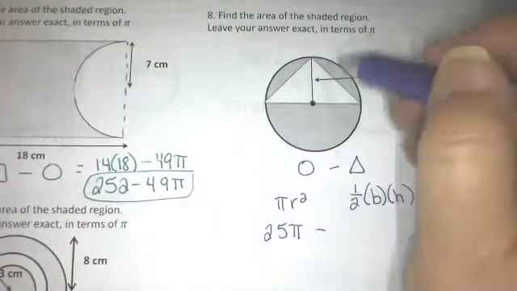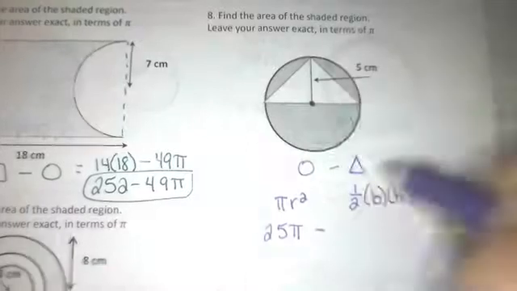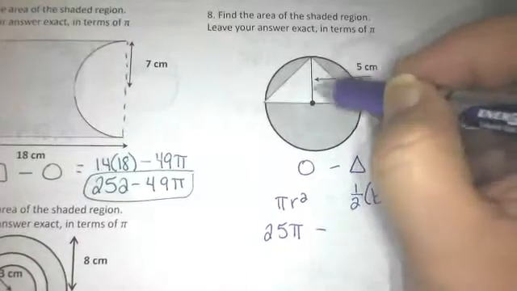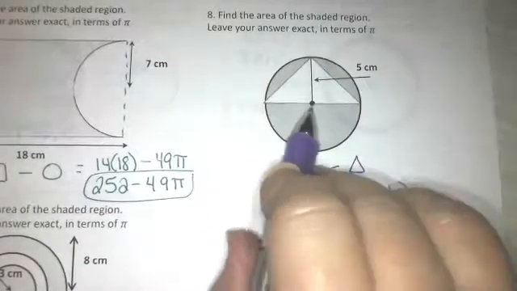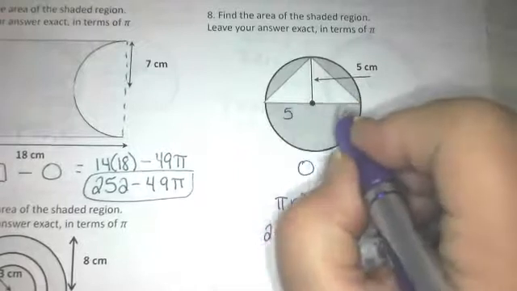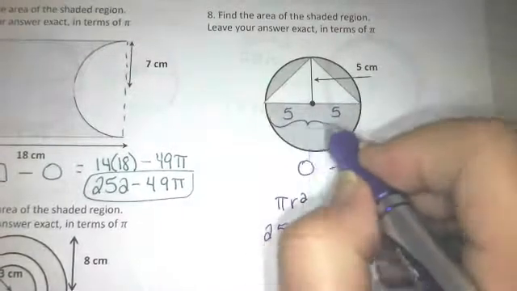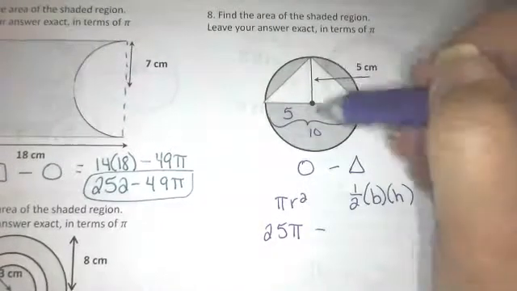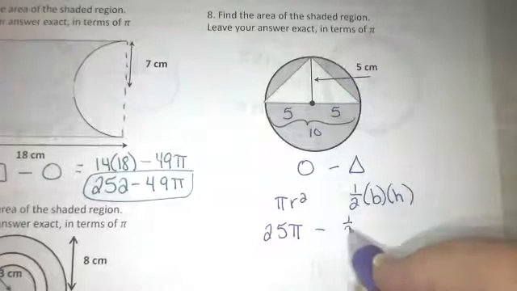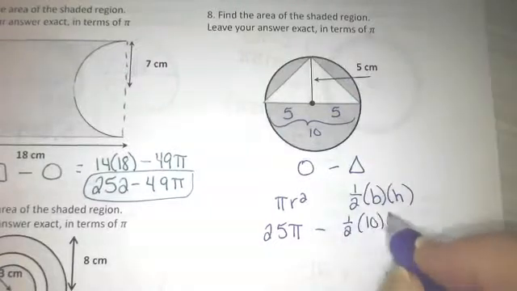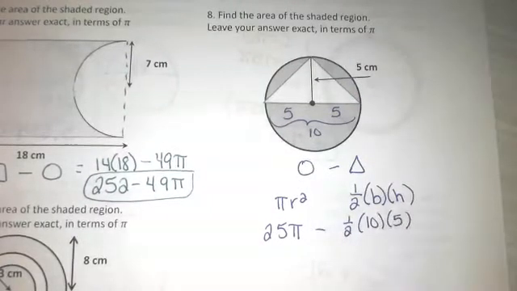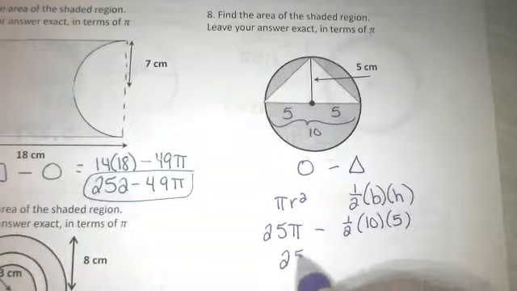Remember we said the radius of the circle is the same everywhere inside the circle? So if this radius is 5, guess what this radius is? 5. And this radius? 5. So my base is 10, my height is 5. So 1/2 times 10 times 5. So 25 pi minus 25.